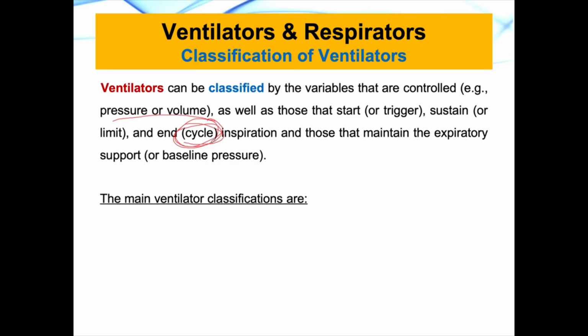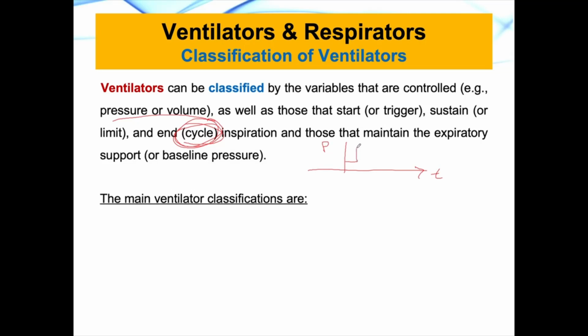We can classify the ventilators based on these variables, and also maintain the expiratory support or baseline pressure. Remember that if this is time and this is pressure, when we are trying to add gas into the lungs, we're not going to start from zero.